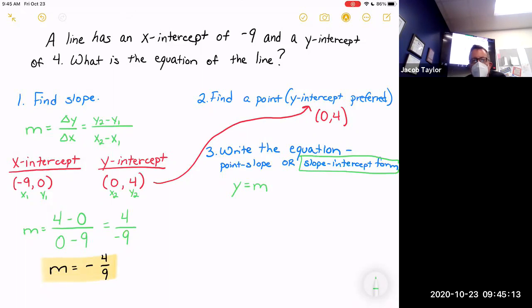Y equals m over x. So close. Y equals m times x, plus b.